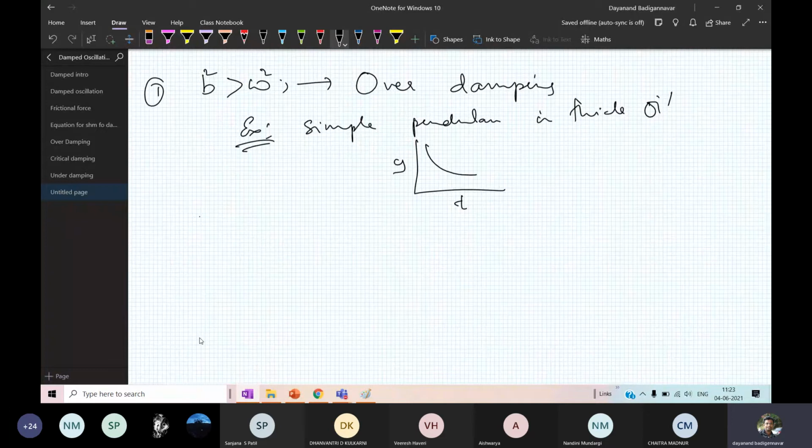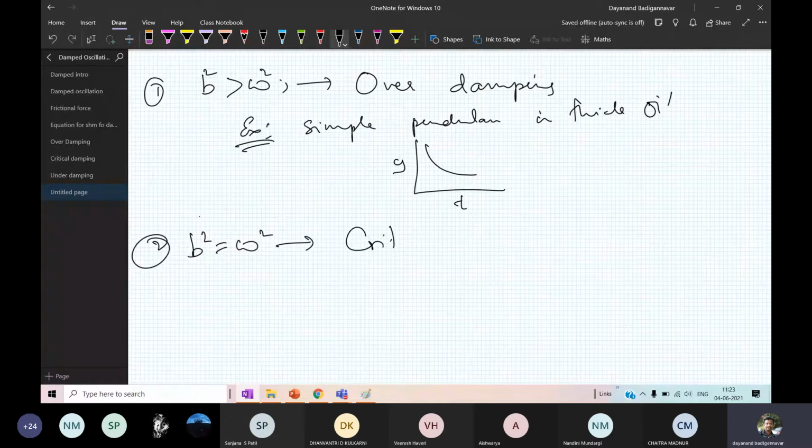The second one is b square equal to omega square. That is called critical damping. In critical damping, the oscillations die very quickly, even faster than this. Very quickly, oscillations die.